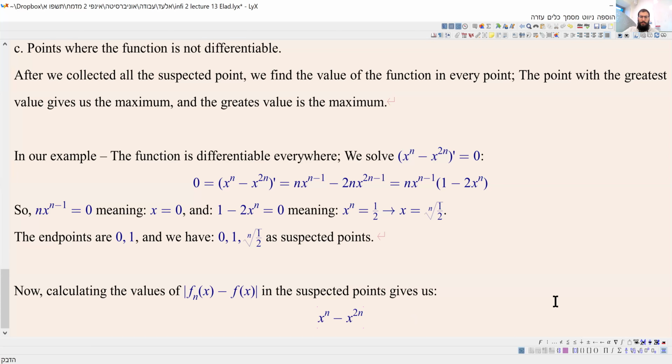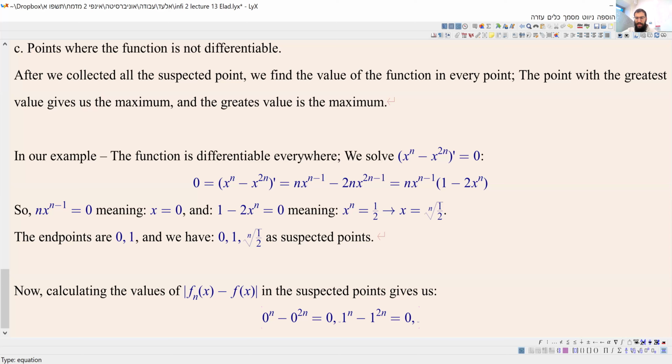Okay. If we plug in 0, we have 0. If we put 1, we have 0 again. So 0 and 1 are the minima points.